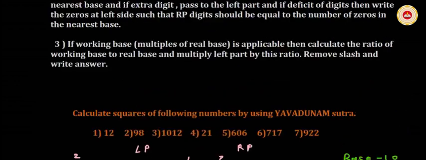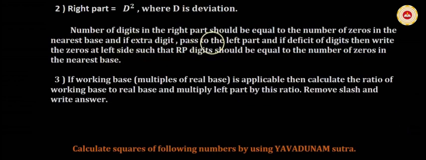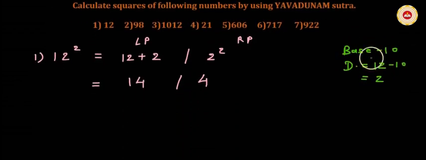Now, important note. The number of digits in the right part should be equal to the number of zeros in the nearest base. If there are extra digits, pass those extra digits to the left part, and if there is a deficit of digits, then write zeros at the left side such that the right part digits are equal to the number of zeros in the nearest base. See friends, what is the nearest base? 10. How many zeros are there? Only one 0.